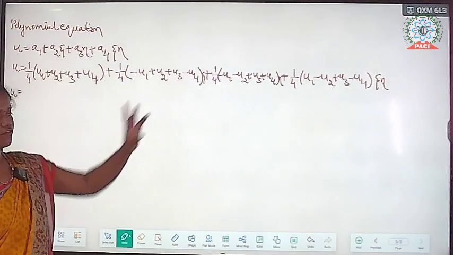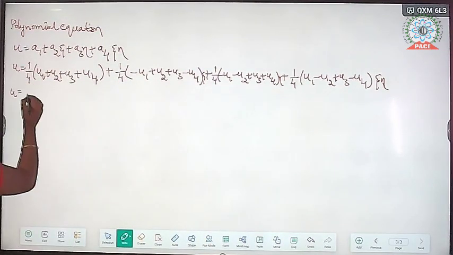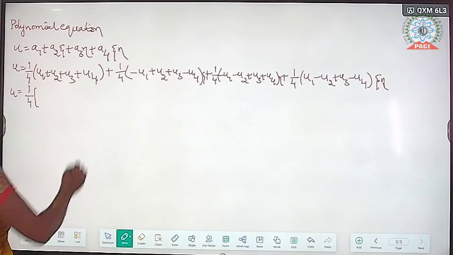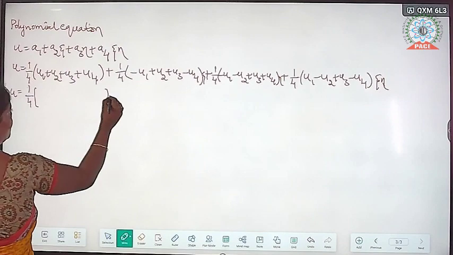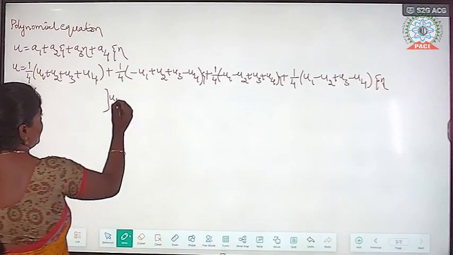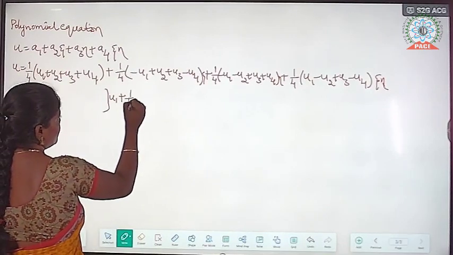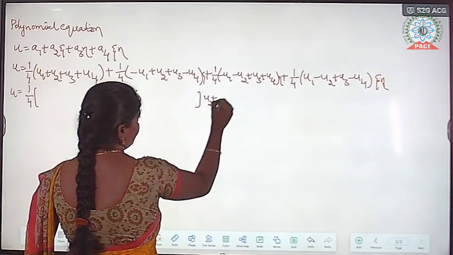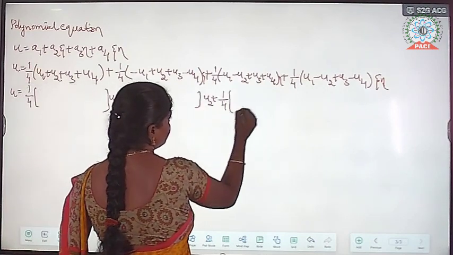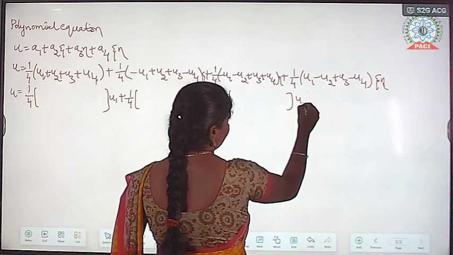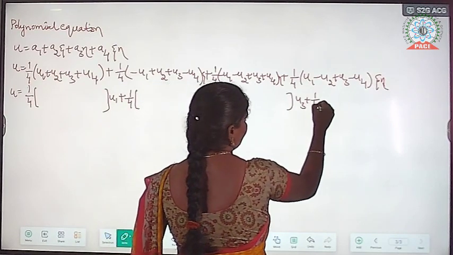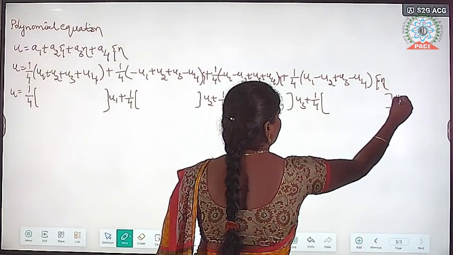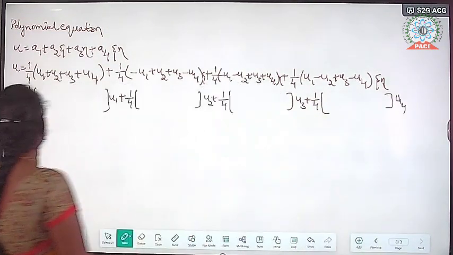So 1 by 4 into, first we have to take the common term u1, plus 1 by 4 into u2 term, plus 1 by 4 into u3, plus 1 by 4 into u4. Okay. So 1 by 4, first u1 term we are taking as common.